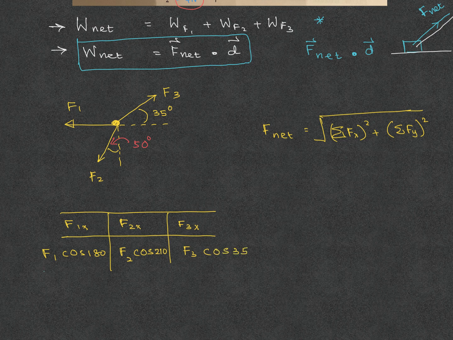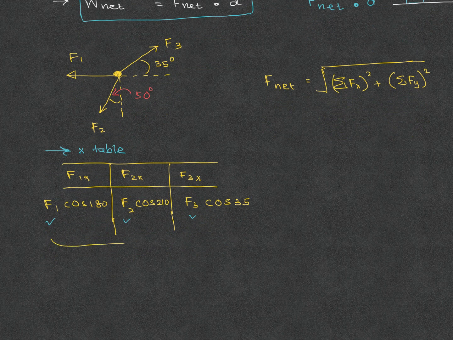Now F1 is given to us, F2 is given to us, F3 is given to us, and this is our x table. So you can go ahead and find what you get in each of these columns and put the numerical value, and you can add all of them together, and this is how you find the sum of Fx. So pause the video and do that part.